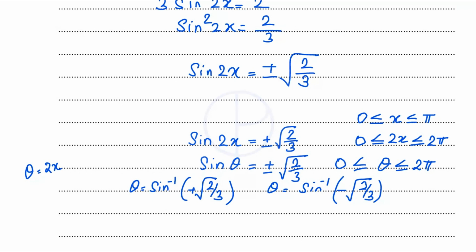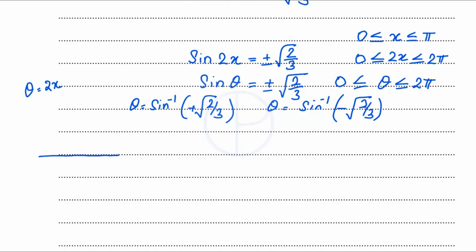Let's mark this in the CAST diagram. This is equal to 0.9553. And this side also, this is 0.9553. Sin x is positive in the first and the second quadrant.